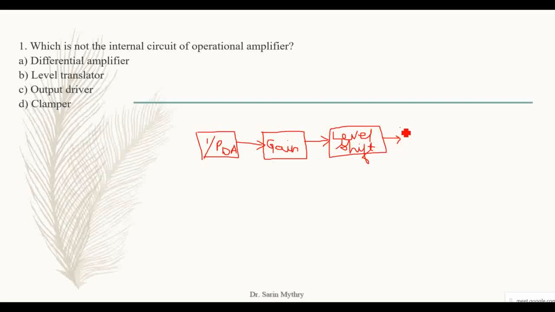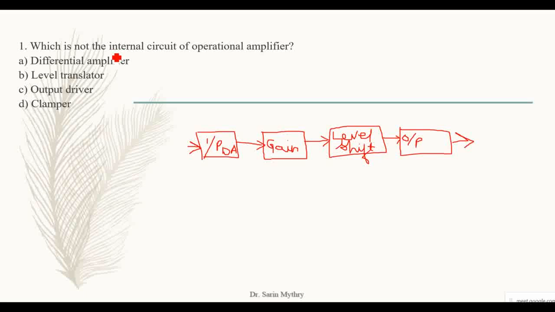First is an input stage, second is a gain stage, third is the level translator, and fourth is an output stage. The output stage is designed with the help of a push-pull symmetrical amplifier. So from this diagram we have drawn, you can tell what is the correct answer.